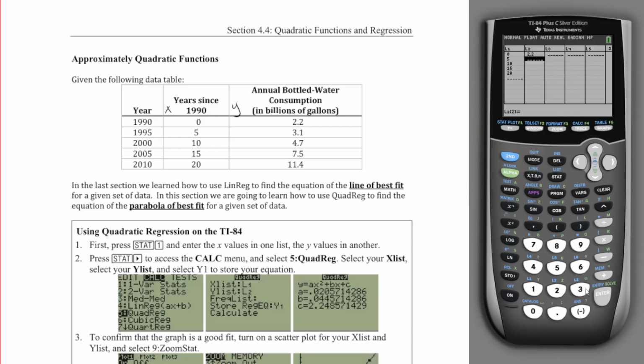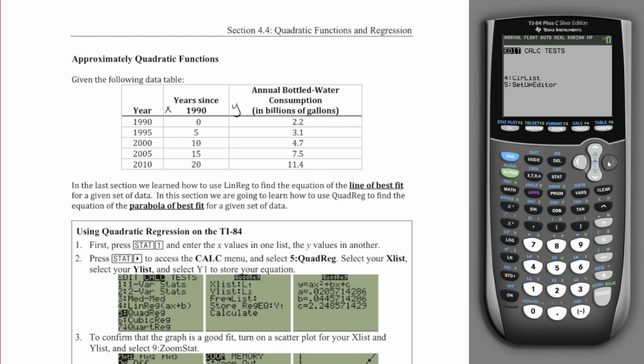In 95, we had 3.1 billion gallons. In 2000, we had 4.7 billion gallons. In 2005, we had 7.5 billion. And in 2010, we had 11.4 billion. Okay, so we've entered our x values.